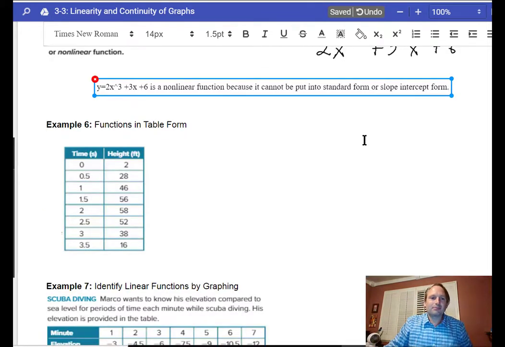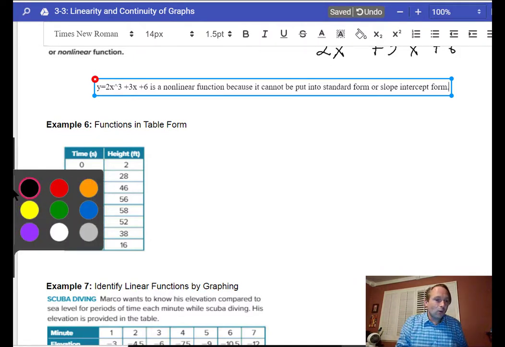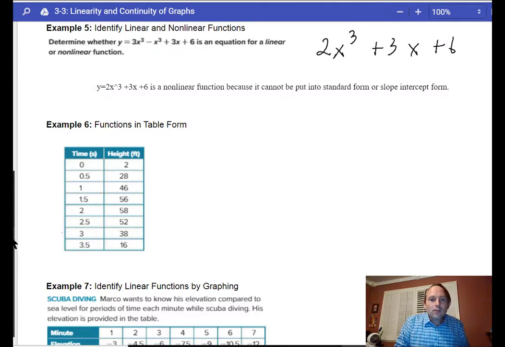Example 6. Two more examples and we're done. Functions in table form. Basically what we're going to do is figure out, what is the slope? Is it a linear function? Looking at this, I can see that it changes. Now I don't like doing every single one, so I like to jump from 0 to 1.